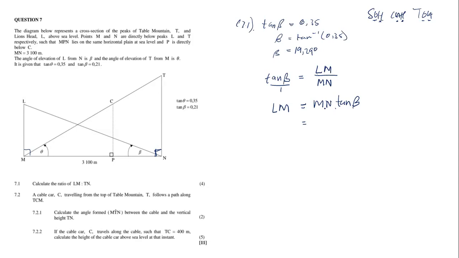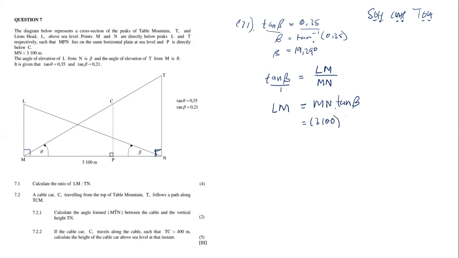What is the magnitude of MN? MN was provided to be 3,100 meters. For tan beta, you can just substitute 0.35, because we were also provided that tan beta is equal to that.